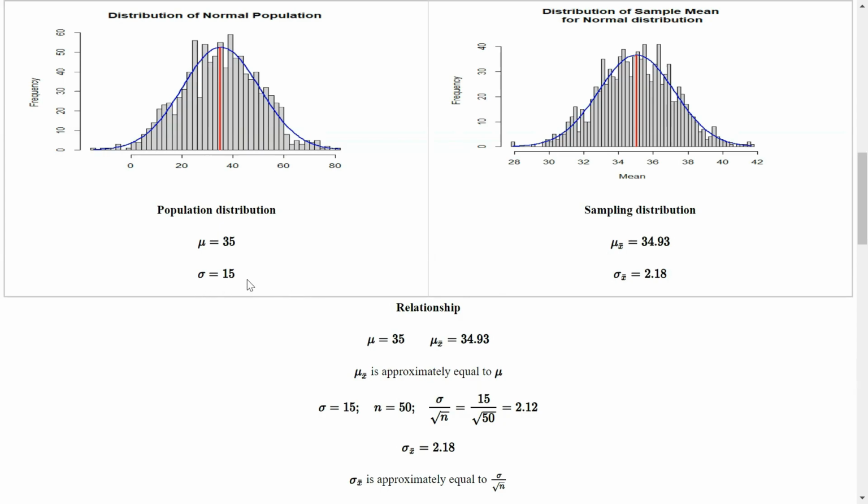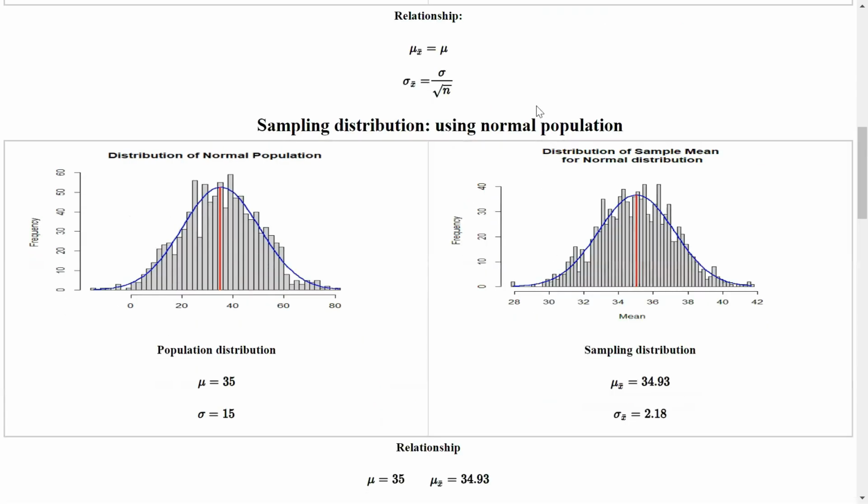But the standard deviation of the sampling distribution is not equal to the standard deviation of the population. If we compute simple math here, that is, the ratio of population standard deviation to the square root of the sample size, we get 2.12, which is approximately equal to the standard deviation of the sampling distribution. This satisfies the relationship that we discussed earlier.